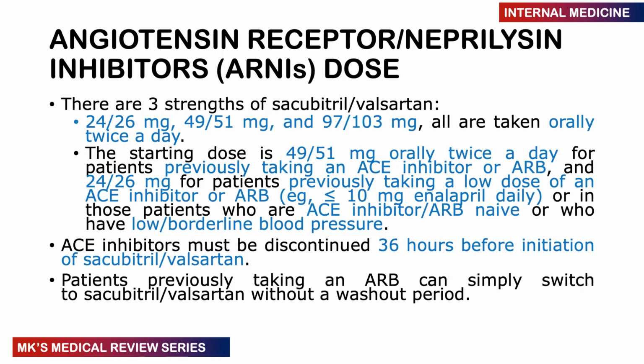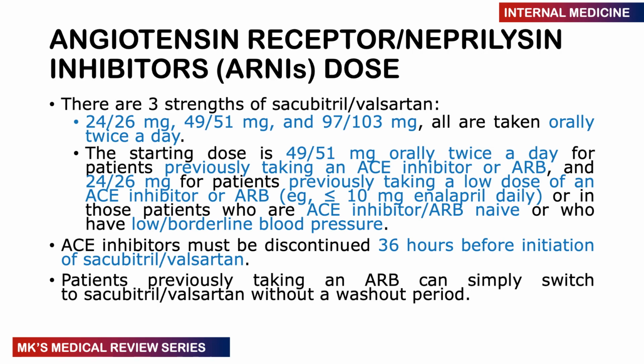So you generally have three combinations of the drugs. You have the one that comes with 24 milligrams sacubitril and 26 milligrams valsartan, then 49 milligrams and 51 milligrams, and 97 and 103 in that particular combination. Regardless of whichever strength you have, you're going to be taking them orally twice a day. So it depends on which one you're going to start with. For example, you may start with the medium strength dose, twice a day, 49-51.